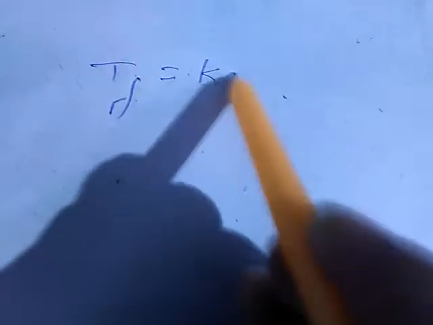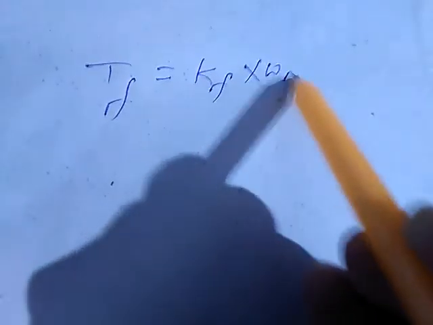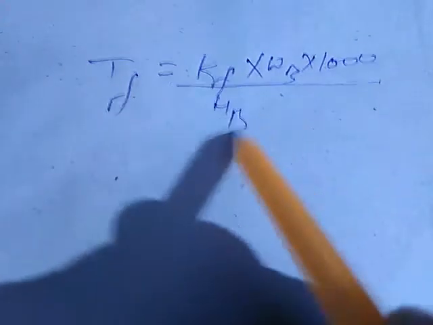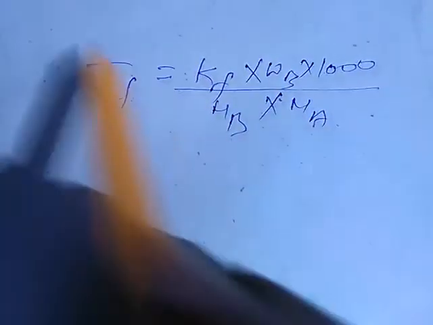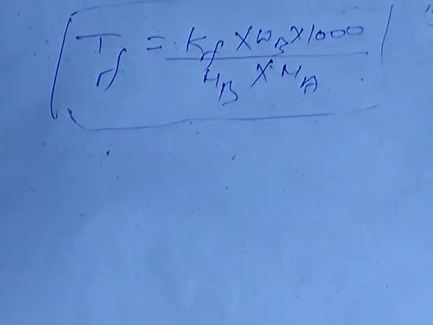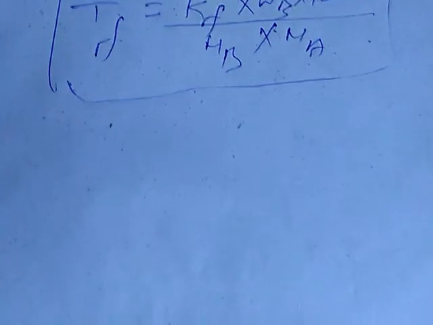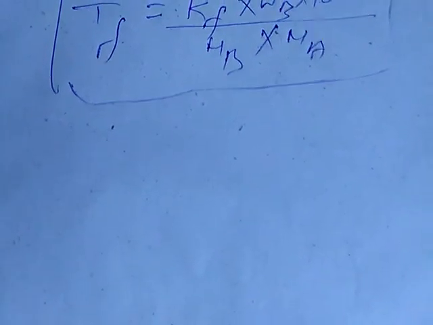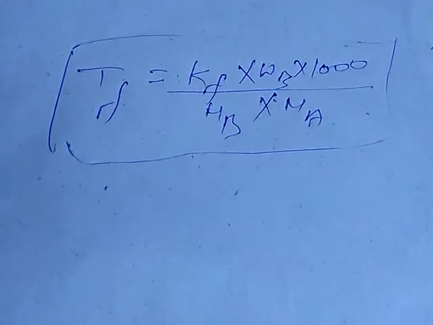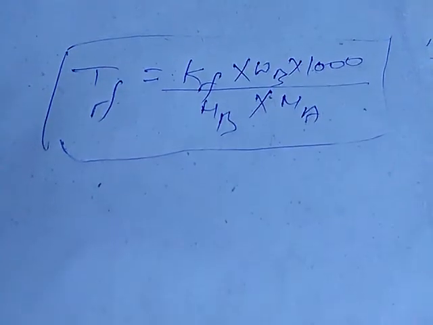So the final expression for delta Tf would become like this: delta Tf is equal to Kf into WB into 1000 by MB into Ma. And once again, this Kf is a constant known as molar depression constant or cryoscopic constant. This is what we have to see in depression in freezing point.